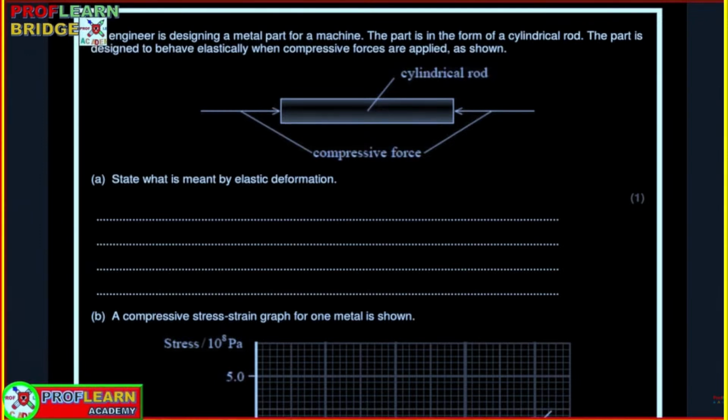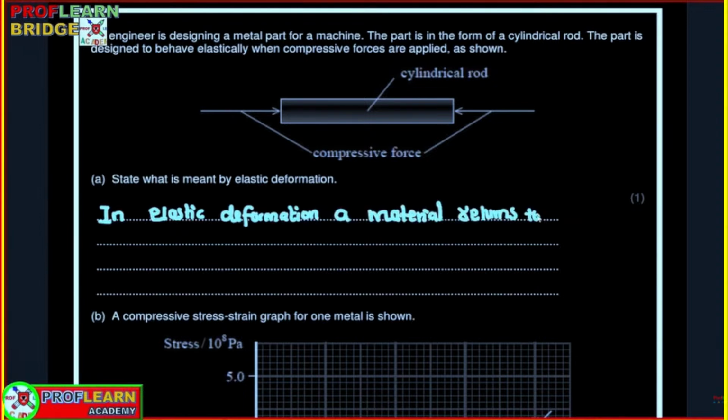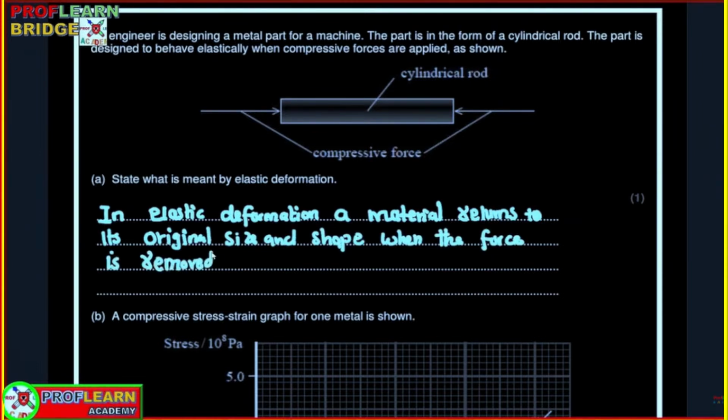And we're going to say here that in elastic deformation, a material returns to its original size and shape when the stress or the tensile force is removed.